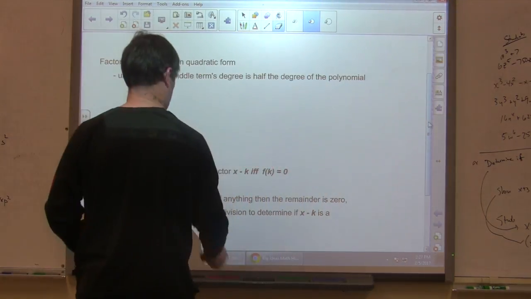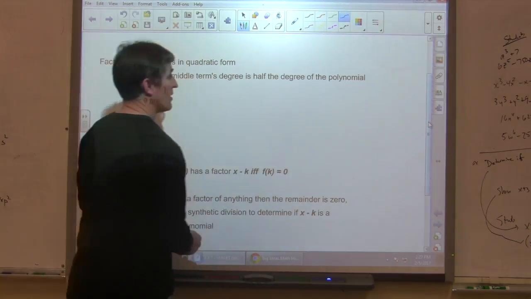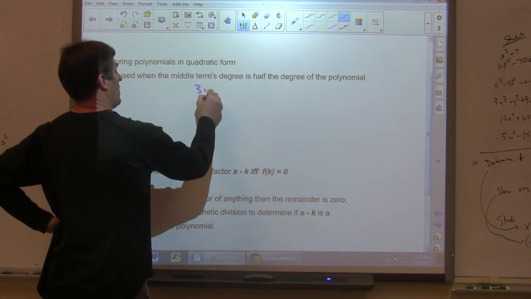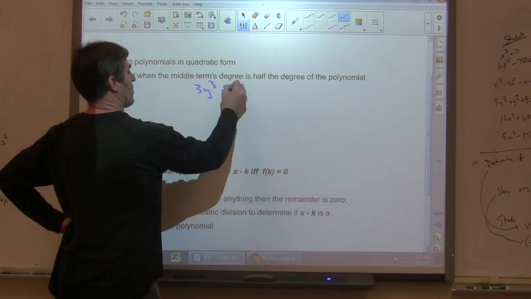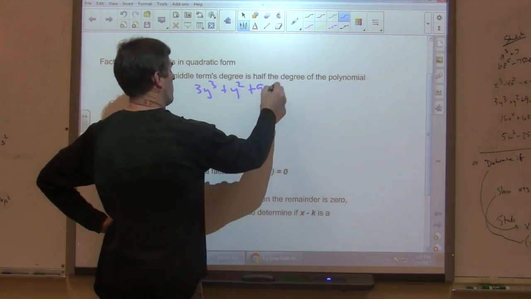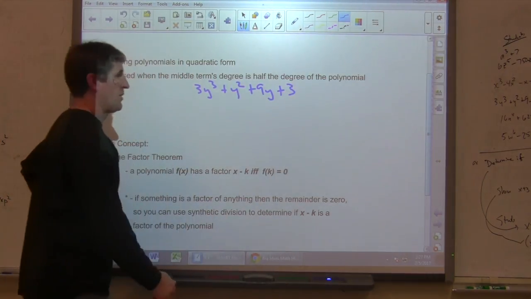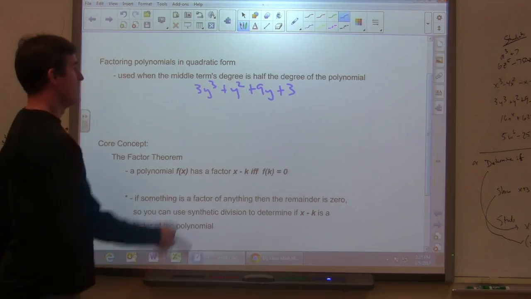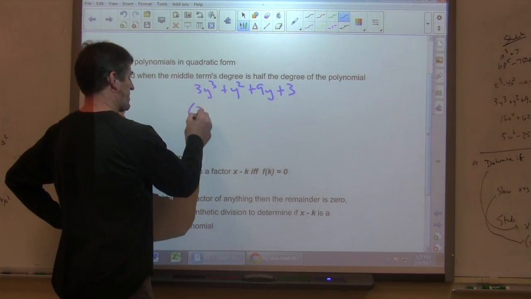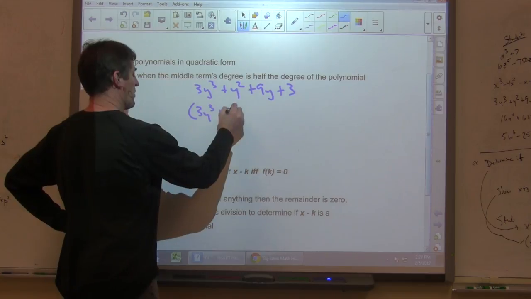Try this one. 3y cubed plus y squared plus 9y plus 3. Pause the video, try it, come back. Again, if we group this, it was more than 3 terms.